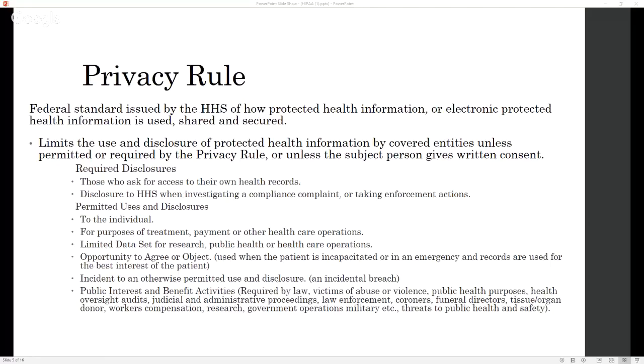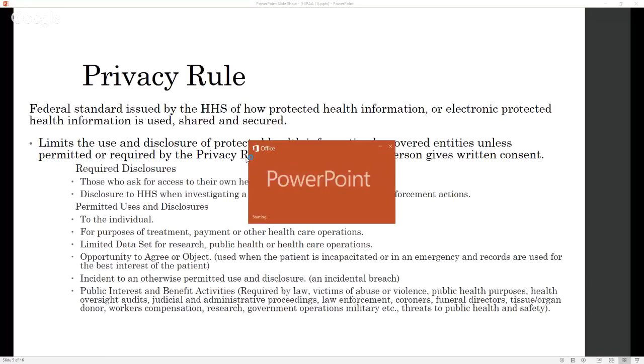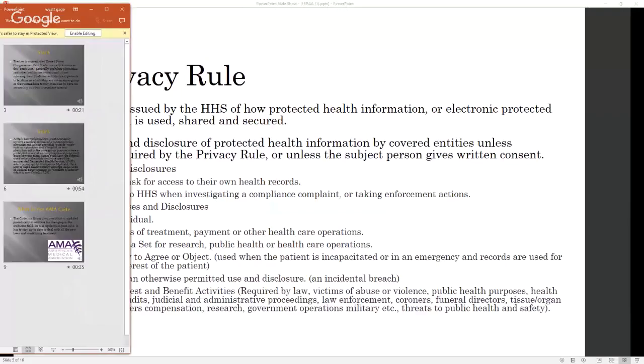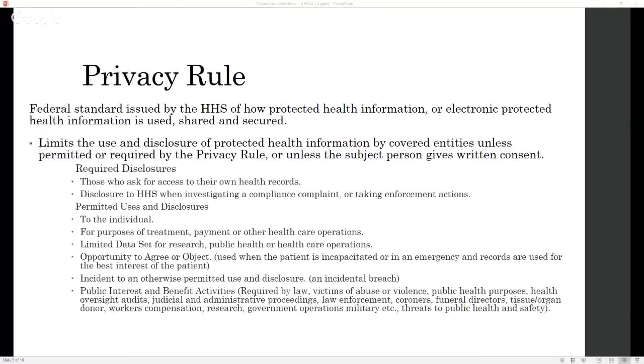Public interest and benefit activities. This has a ton of stuff that falls under this category. Laws, victims of abuse and violence. This is really important because if healthcare providers have a child come in who has been abused or shows signs of abuse, that needs to be for the best interest of the child or the person, so your healthcare record can be used for that.